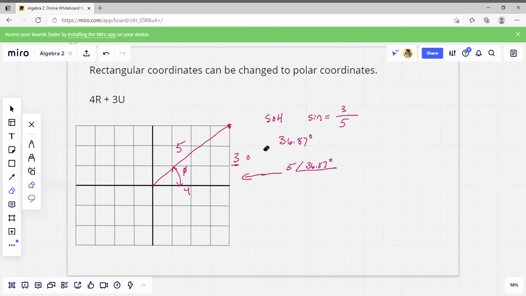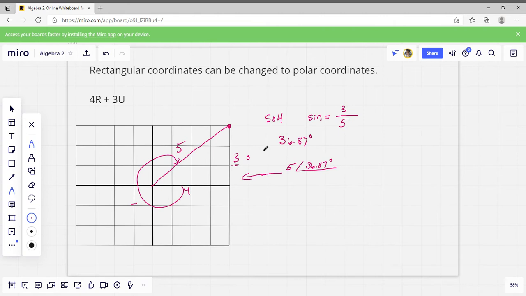Now, what this one is talking about is negative coordinates. So imagine that instead of us going from here and going up, we went backwards. So we made a line that went all the way from here to there. And this is going to be a negative coordinate because we went the other way. Instead of going counterclockwise, we went clockwise.